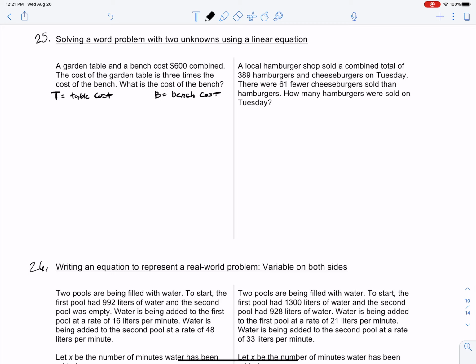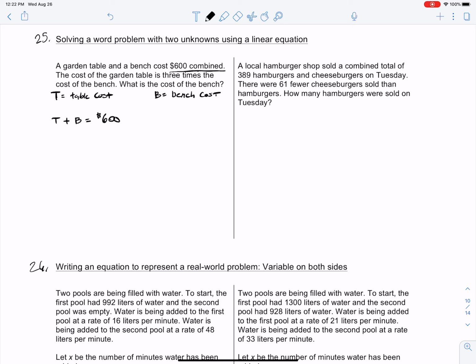Right now, we have no idea how much they are. We just know that the cost of the table T plus the cost of the bench B was how much? $600. It said a garden table and bench cost $600 combined, meaning we're adding.